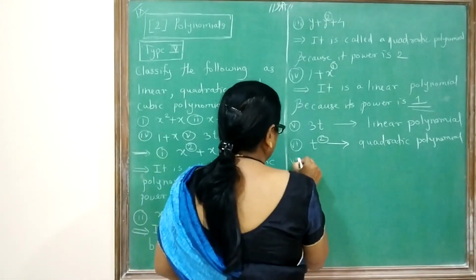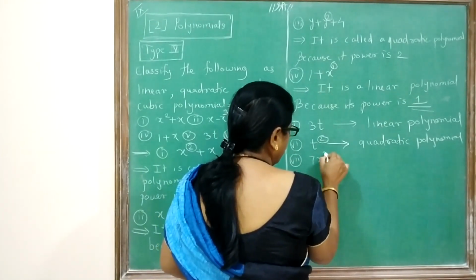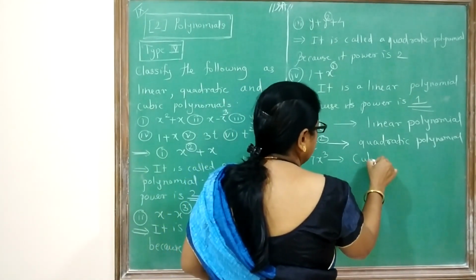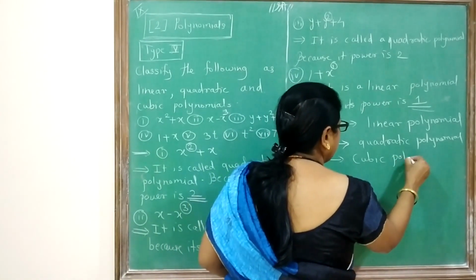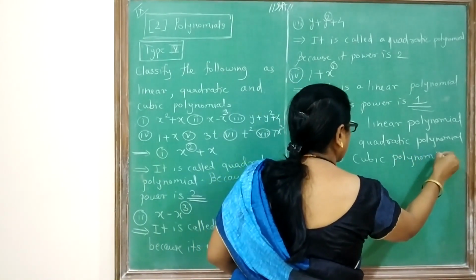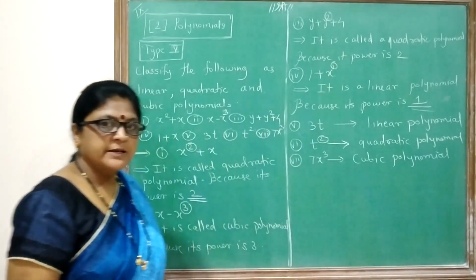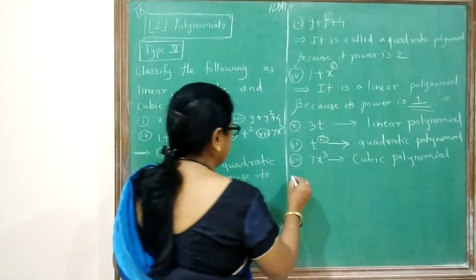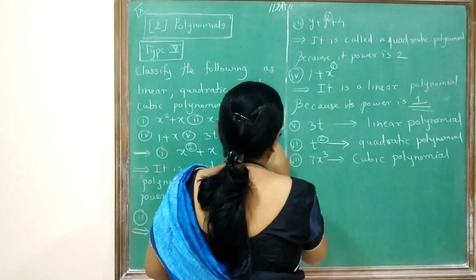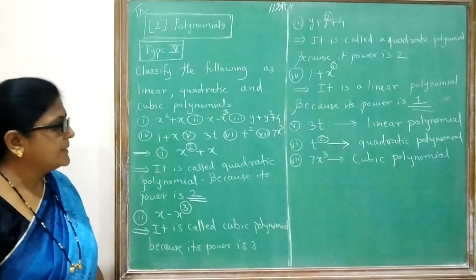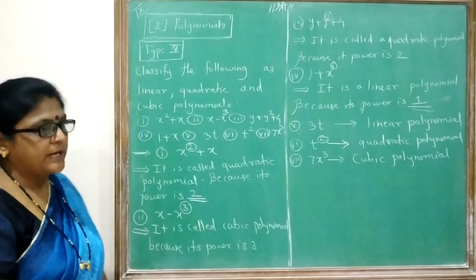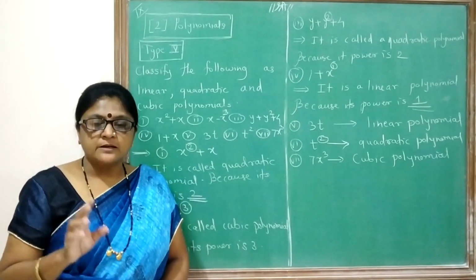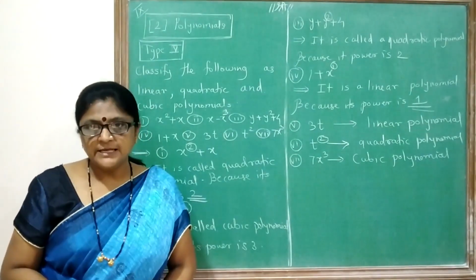Then 7x cube is a cubic polynomial, because its power is 3. We will write in a full sentence. Then all examples are completed. This is your type number 5, and the rest we will see in the next lecture.